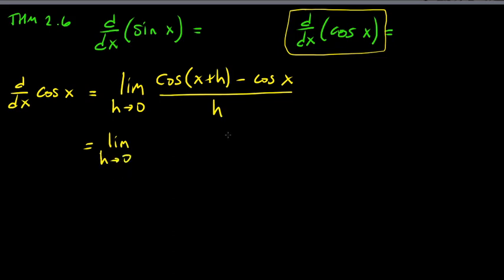Right, h goes to 0. Now what? Well, now most people would get stuck here, I think, because how do you simplify this? Cosine of x plus h minus the cosine of x. So this is a trigonometric identity, and I'm going to go way down here to remind you of the cosine of a plus b.